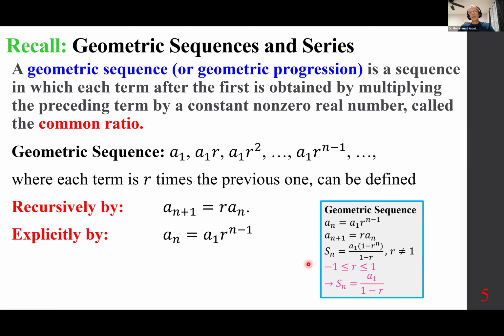Now, S sub n is a sub 1 times 1 minus r to the power of n over 1 minus r. Of course, the denominator can't be 0. That's why r can't be 1. If r is any number between -1 and 1, as n becomes larger and larger, r to the n goes to 0, and eventually S sub infinity becomes a sub 1 over 1 minus r.